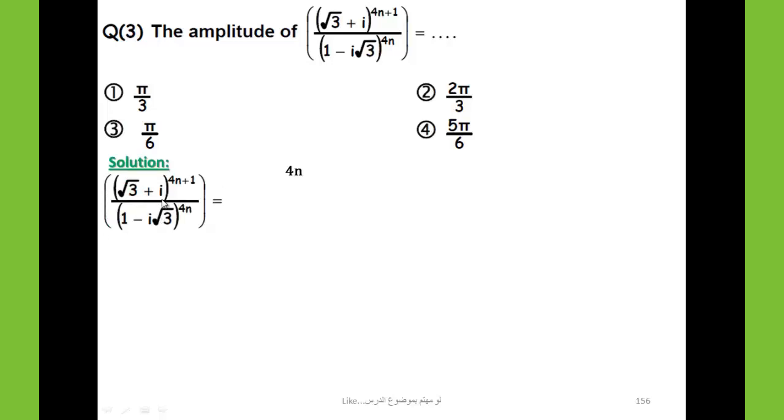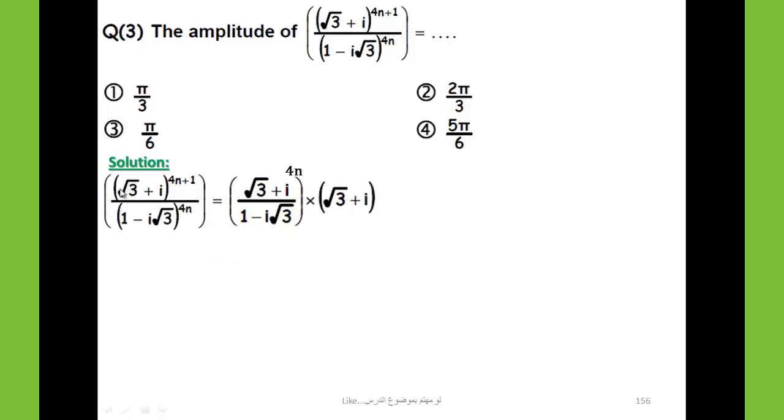Root 3 plus i all power 4n plus 1 over 1 minus i root 3 all power 4n equals root 3 plus i over 1 minus i root 3 multiplied by root 3 plus i.